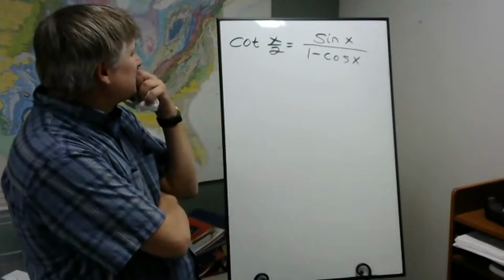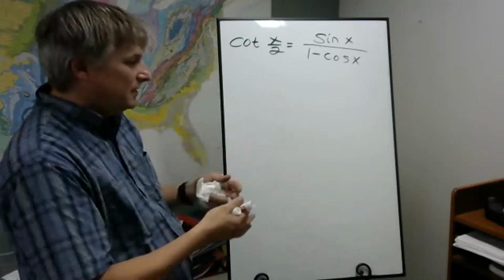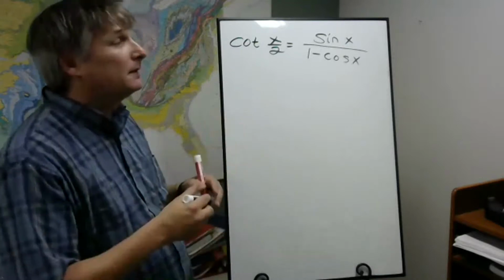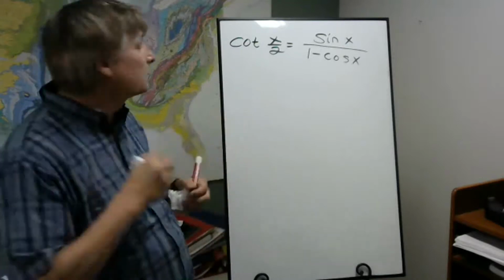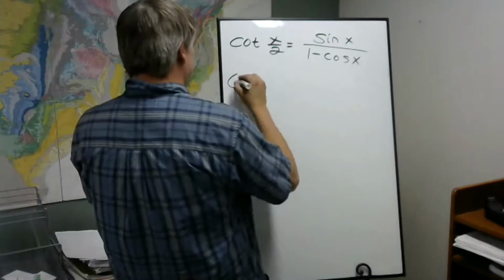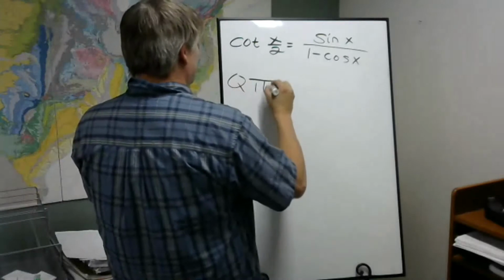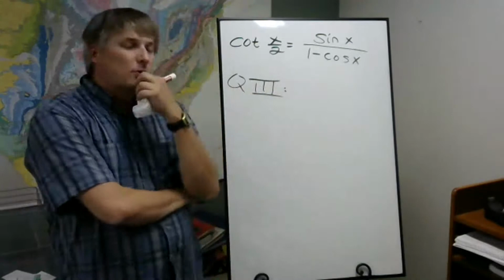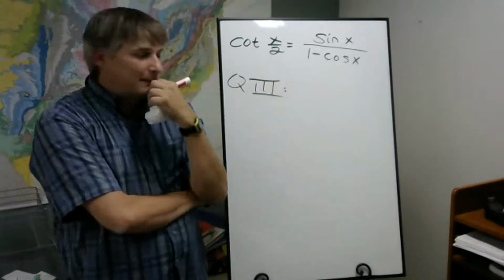So if x over 2 is, say, an angle in, let's go with a tricky one, say the third quadrant. If you double an angle in the third quadrant, where do you end up?